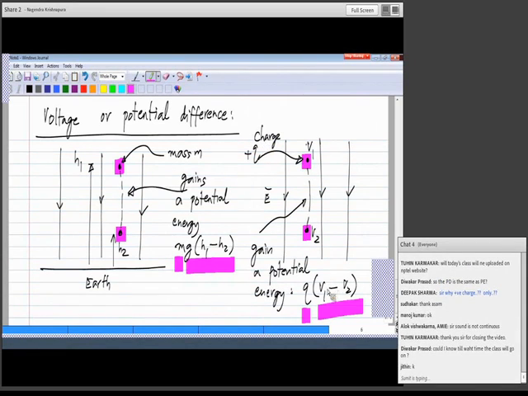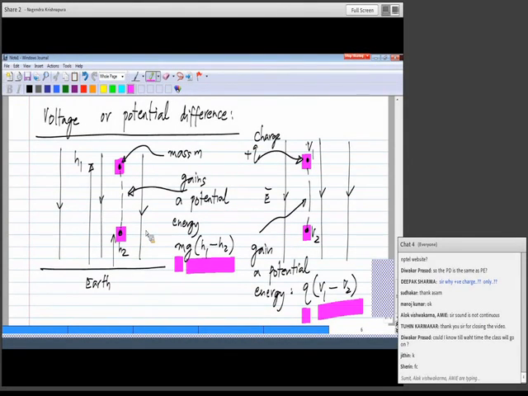So the amount of potential energy gained is proportional to the charge, and it is charge times the potential difference. Just like the amount of gravitational potential energy gained is mass times some difference. And it's the difference between some quantity at the initial point and some quantity at the final point.